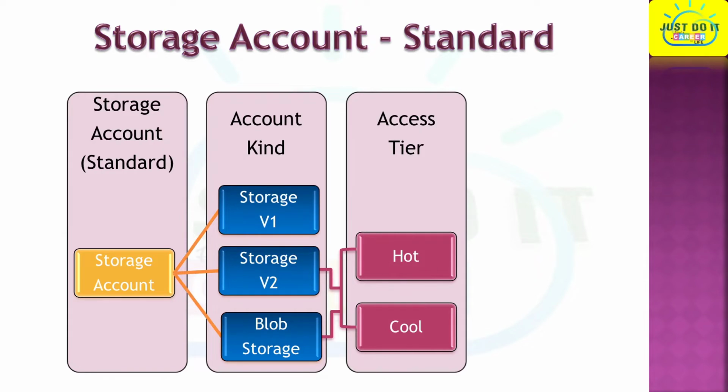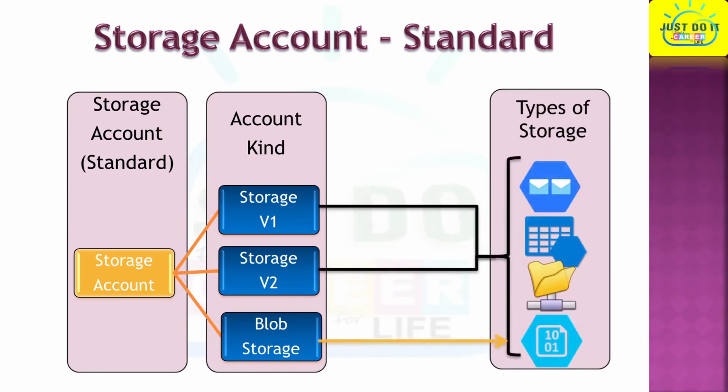Now if we want to see the types of storage that are available under each account kind, here is how it is. Storage account V1 and storage account V2 have all four types of storage, that is blob storage, file share storage, queue storage, and table storage. Whereas if we select the account kind as blob storage, it will only give you access to the blob type of storage.